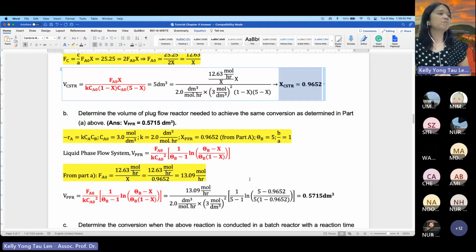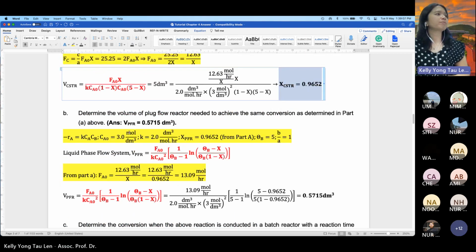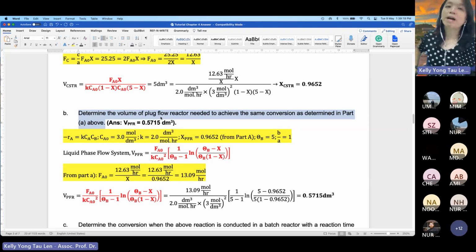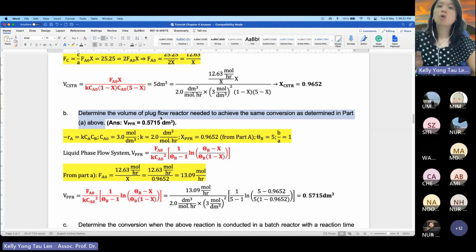So let me go to question B. Okay, so question B. Determine the volume of a plug flow reactor to achieve the same conversion as determined in part A above. So dia kata sekarang, katakanlah saya nak mencapai conversion yang sama. Okay, maksudnya untuk menghasilkan yang 5 million gram per year produk C, pada conversion yang sama, tapi saya nak tukar PFR.